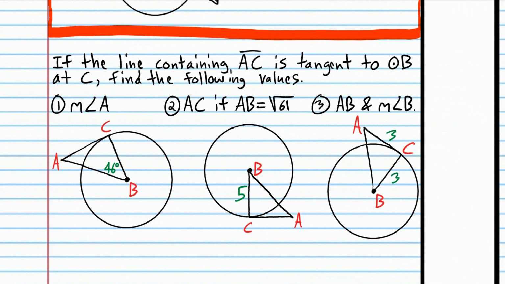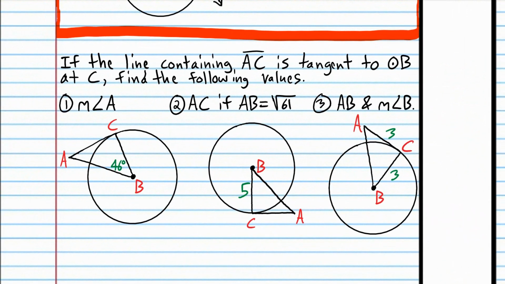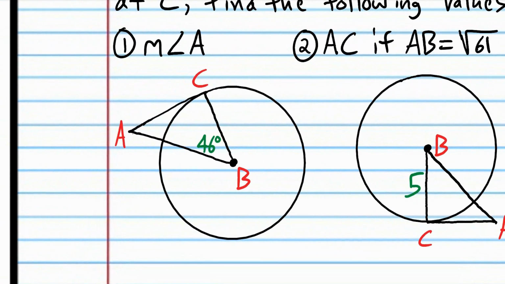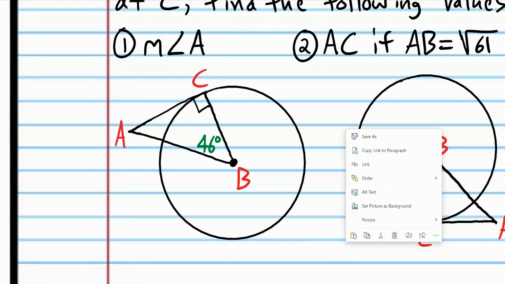If the line containing AC is tangent to circle B at C, find the following values. So we know that the line containing AC is tangent to circle B at that point C, and so by that first theorem, this angle must be 90 degrees.